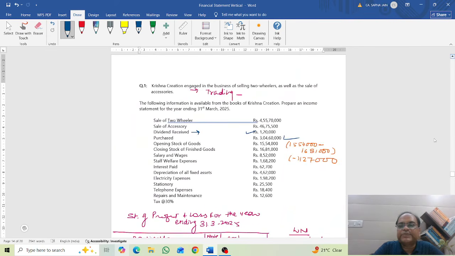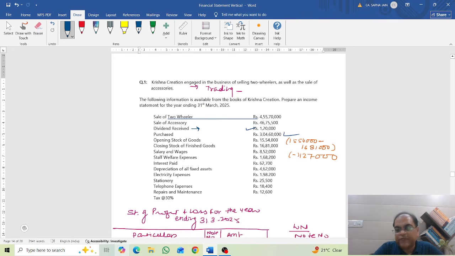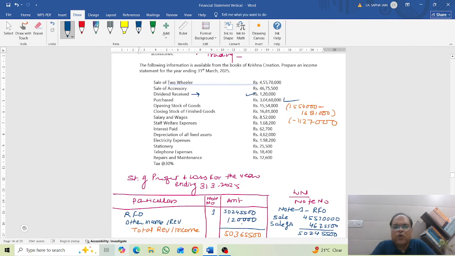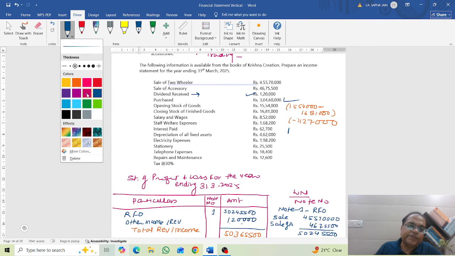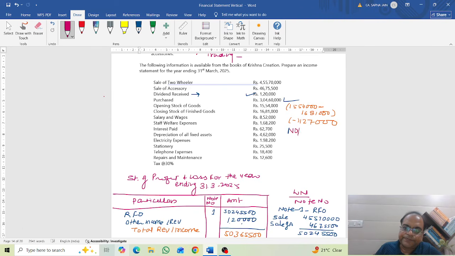Employee benefit expenses include salary and wages, staff welfare expenses, expenses for ESOP, and employer contribution to provident fund. So now prepare note number 2 for employee benefit expenses.